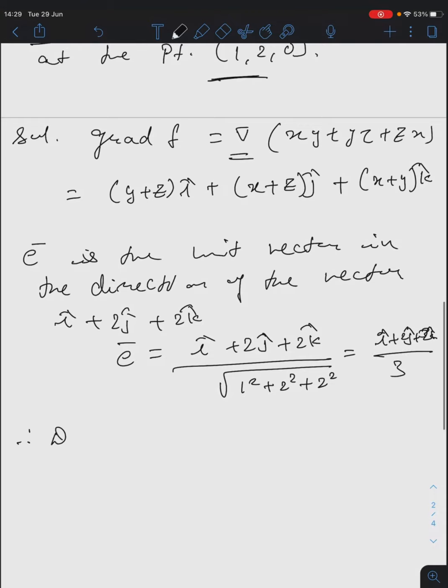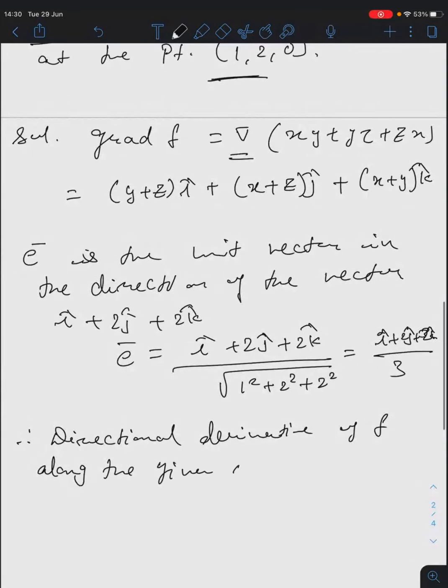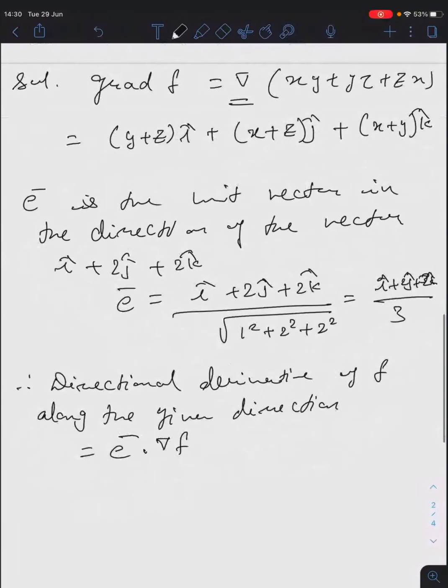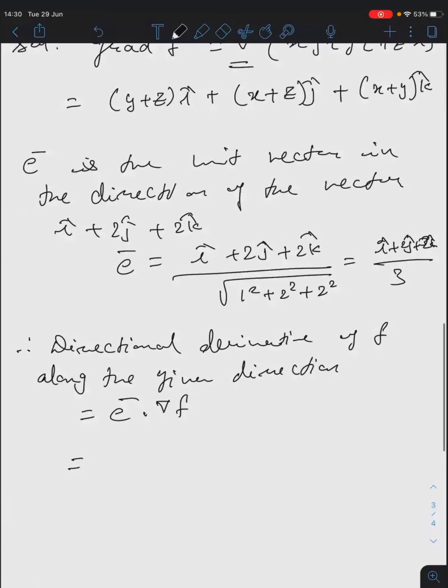So therefore you know that the directional derivative of f along the given direction is equal to e bar dot gradient of f. So just calculate this one. What is e bar? Okay, 1 by 3 as it is, i cap plus 2j cap plus 2k cap dot product.